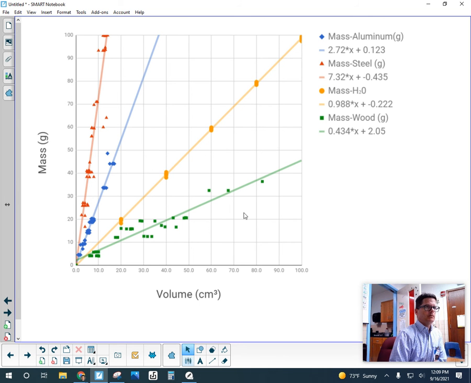So you can think of this as y equals 7.32 times x plus a very small negative number, okay? And what it's doing really is writing out the trend line equation in the form y equals mx plus b.